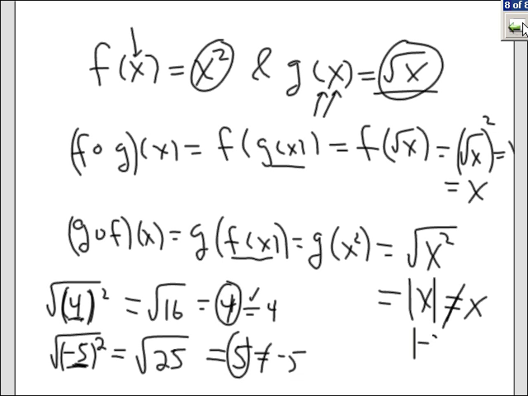The absolute value of negative 3, for example, does not equal negative 3. So I'm not getting x back in both of them, them being f of g of x and g of f of x. I'm not always getting x back.